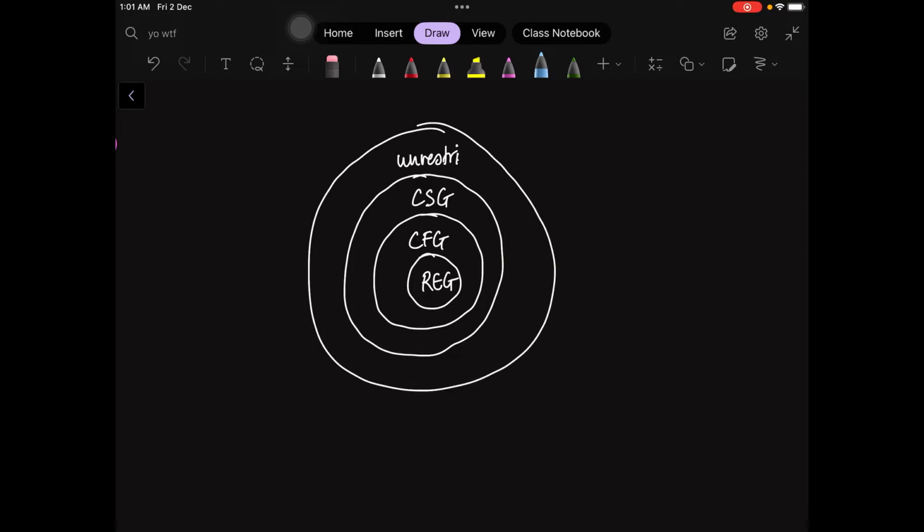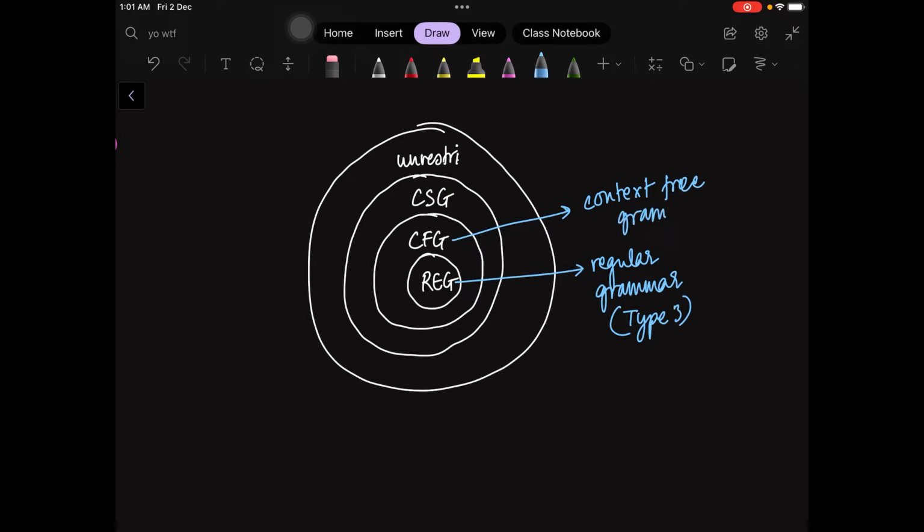So as we did it before, this is regular grammar, also known as type 3. This is context-free grammar, type 2.